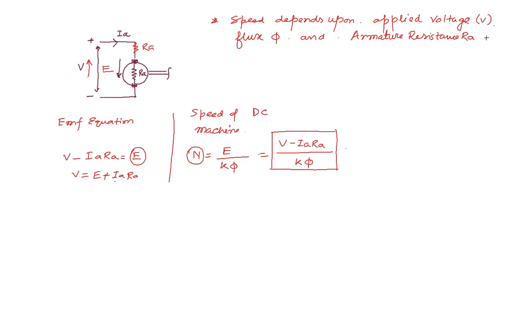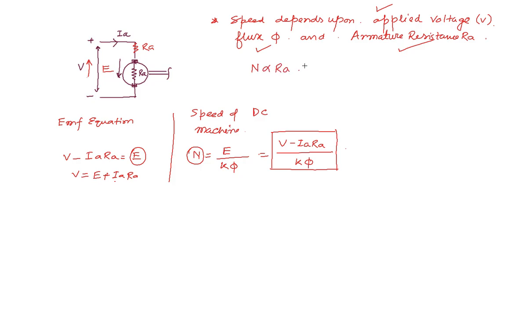That means we can control the speed by varying the applied voltage, by varying the flux, and by varying the armature resistance.